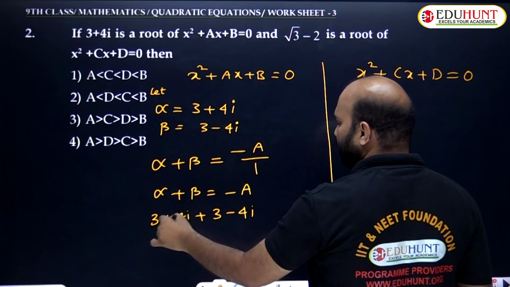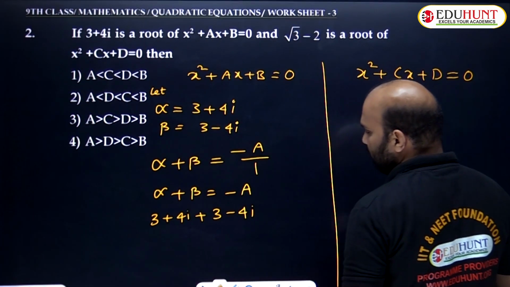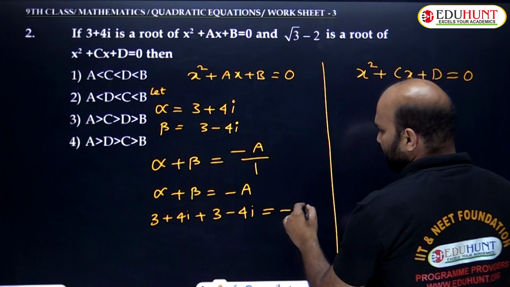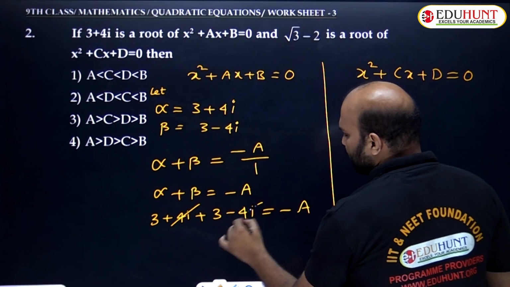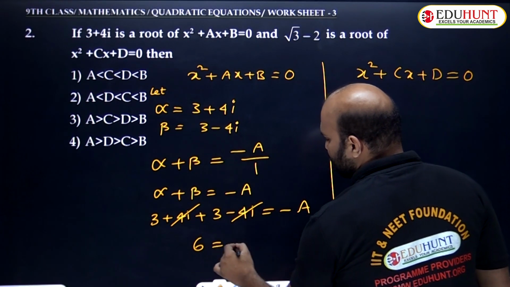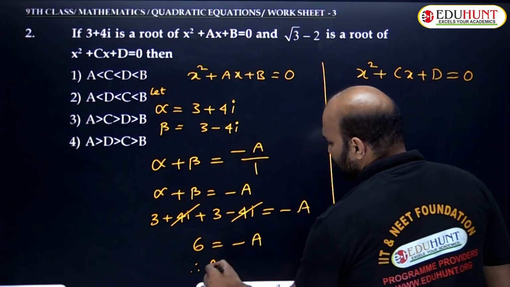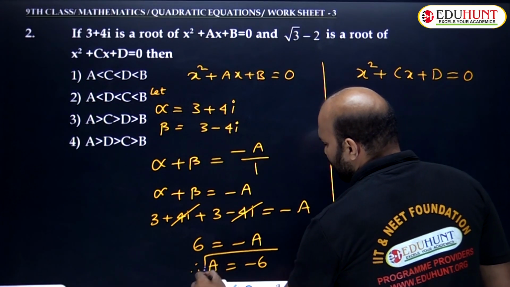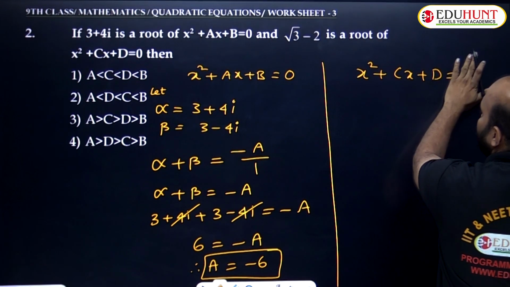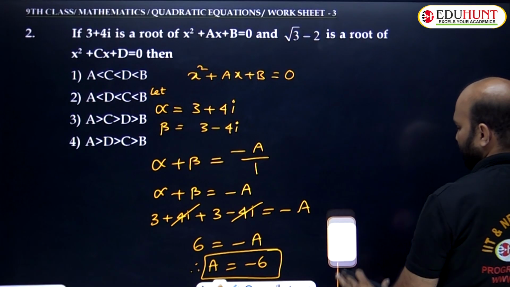So alpha value, beta value substitute in that equation. So equals to minus a. So plus 4i minus 4i cancel, 3 plus 3 is 6 equal to minus a. Therefore a equal to minus 6. What I am getting? A value minus 6. Am I clear? So the second equation I will solve later.